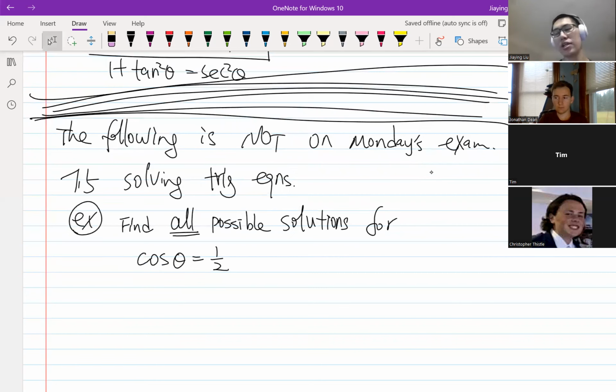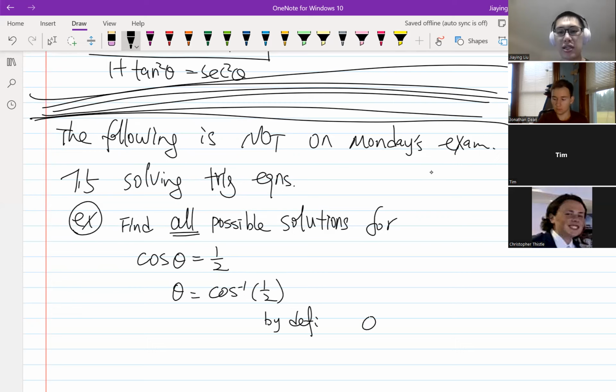If you want, you can just take inverse cosine on both sides. So theta equals inverse cosine of half. By definition of inverse cosine, you're only going to get one value, and that theta is only going to be in the top half of the circle, from 0 to pi.